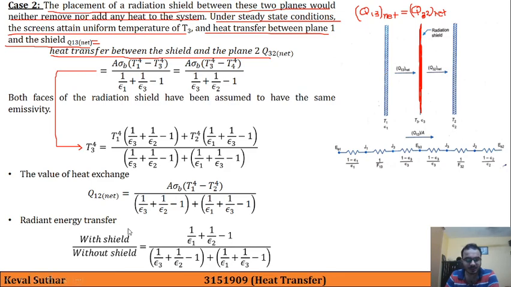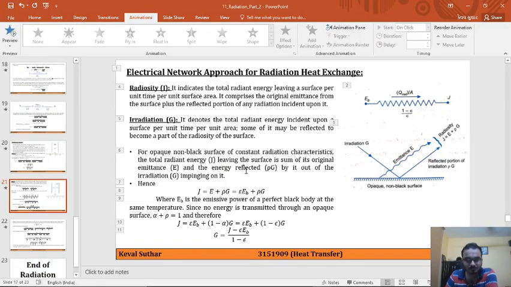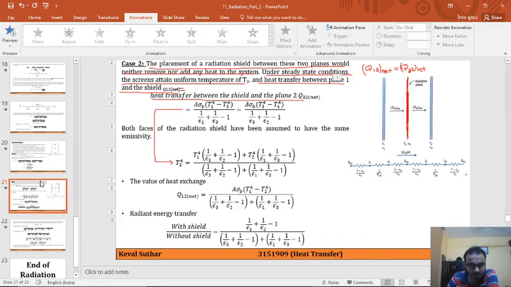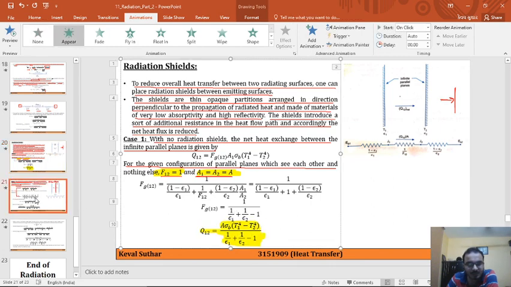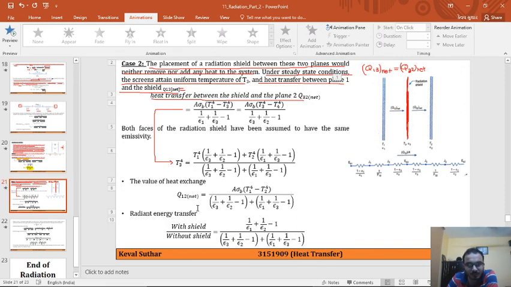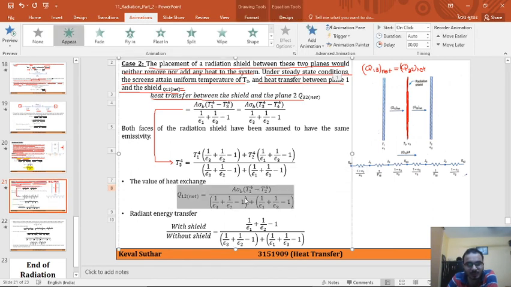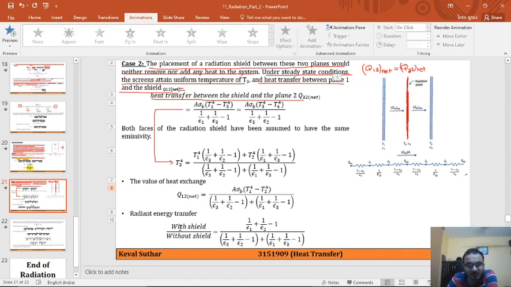So if you see, this formula was without shield, and we have calculated the same value with shield, and we have taken the ratio of this formula and the previous slide's formula. So we have taken the ratio as with shield and without shield as this ratio.